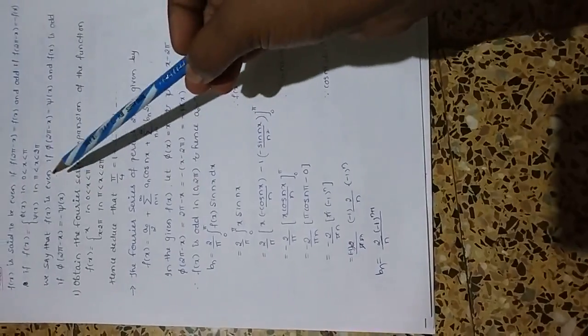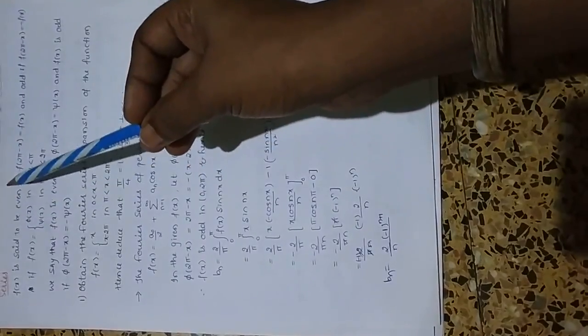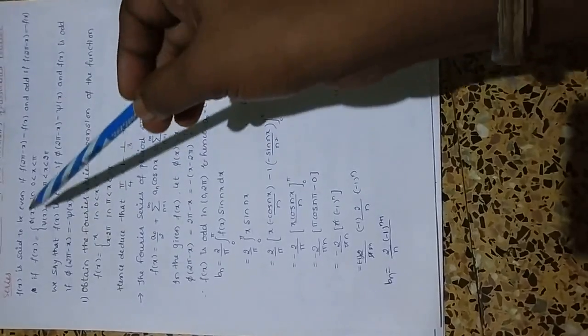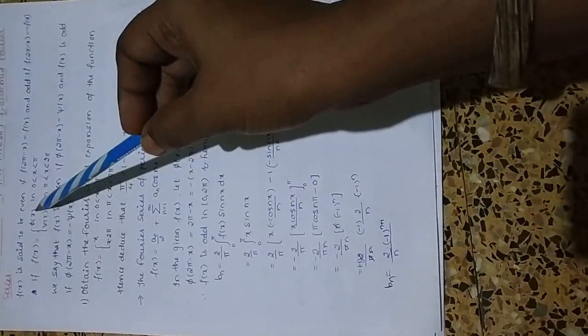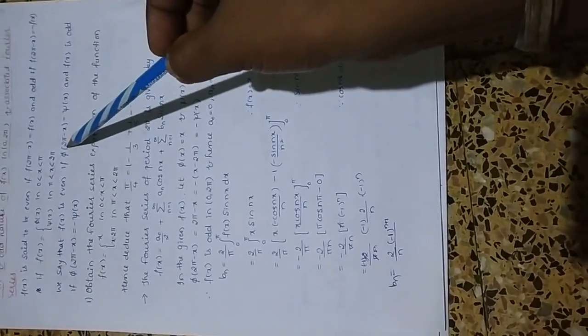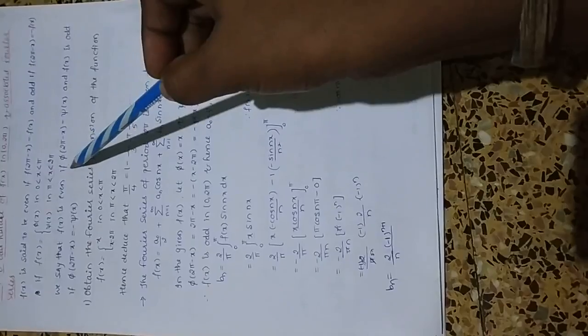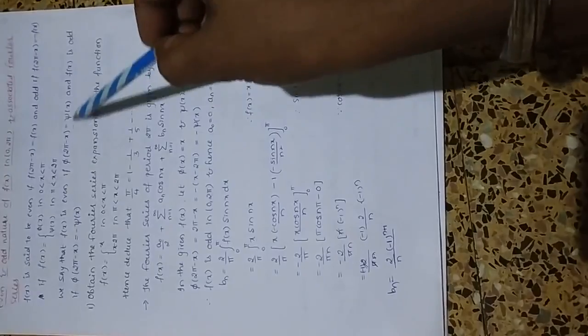Okay, here you can see the even and odd nature of f of x in 0 comma 2 pi. How to check even and odd nature for this one? We need to write the given function as phi of x and psi of x. Next we need to check even and odd nature. If phi of 2 pi minus x equals psi of x, then we can say the given f of x is an even function.